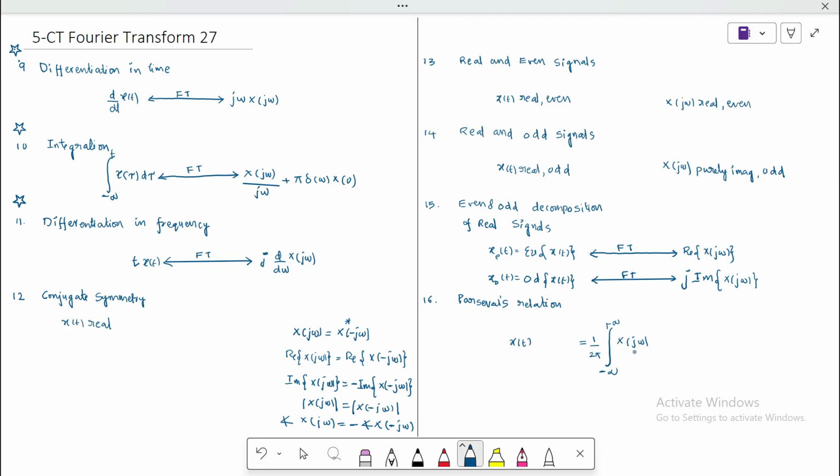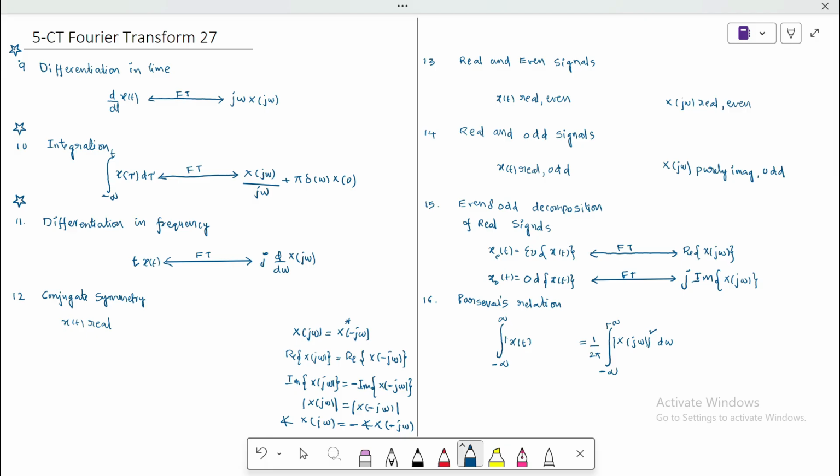The integral of power gives the energy, so that's why here we should take the power: mod of X, then the mod of the exponential, which always goes to 1, into d omega. Now write down the formula for x of j omega: a simple integration, with no multiplication and no factor, from minus infinity to plus infinity.